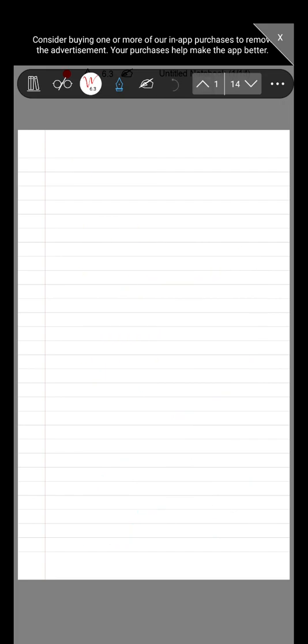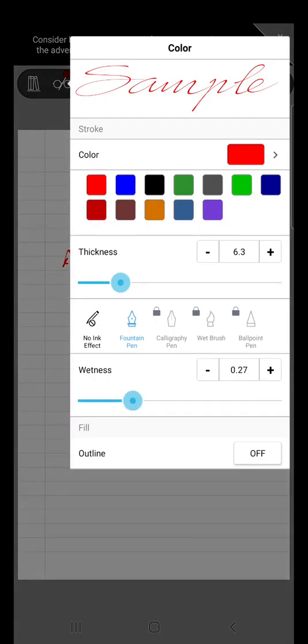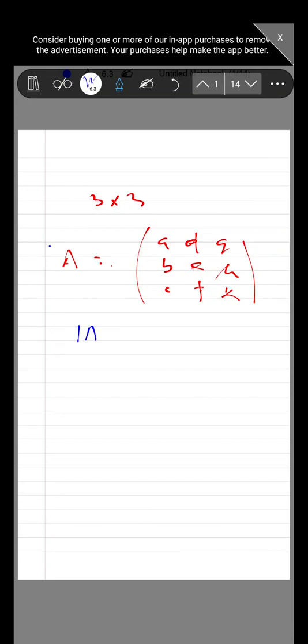Say you have a 3 cross 3 matrix, whatever it may be, A, B, C, D, E, F, G, H, K. Now let's take this matrix as A, and A is not equal to 0.